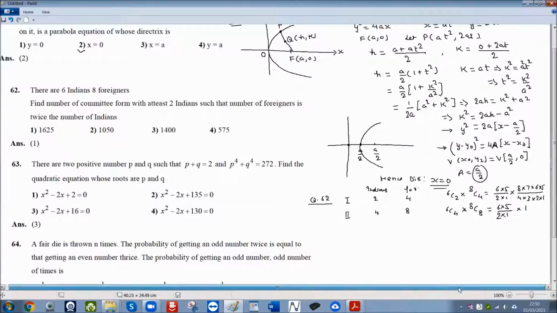So for this case, answer comes out to be, this factor is, 6 gets cancelled, 5 will be left. Let's write it as 15.